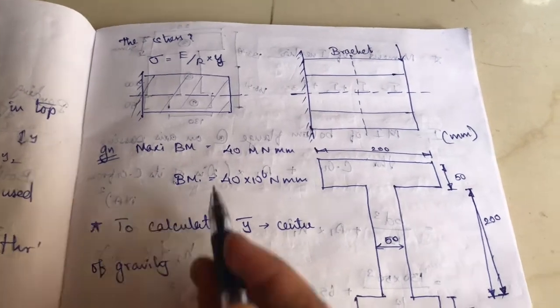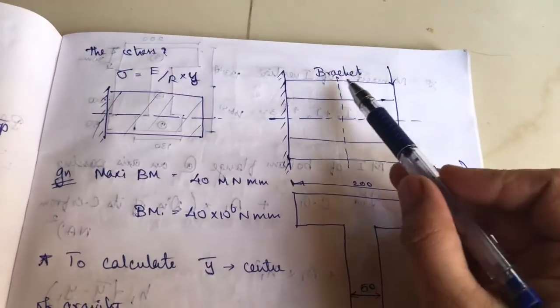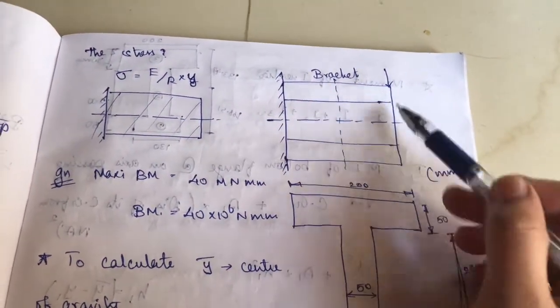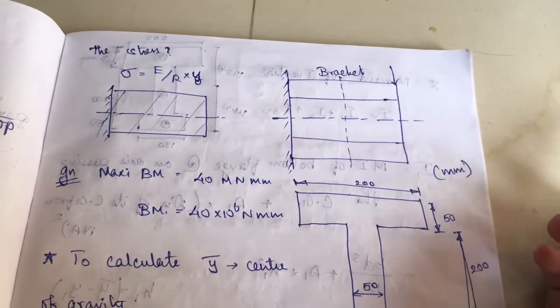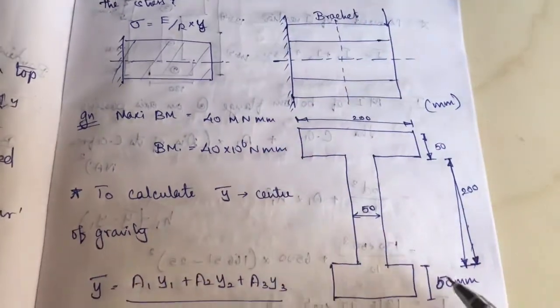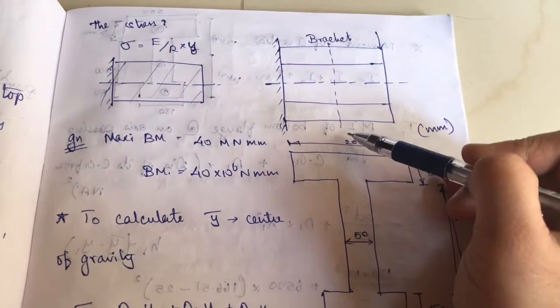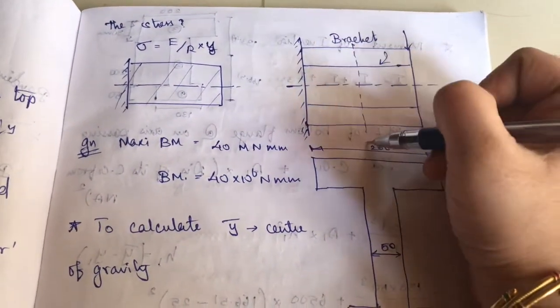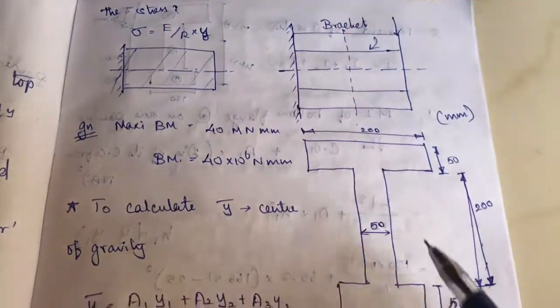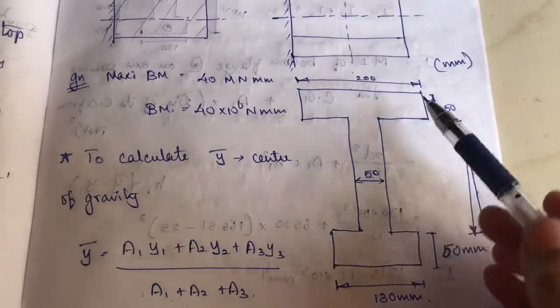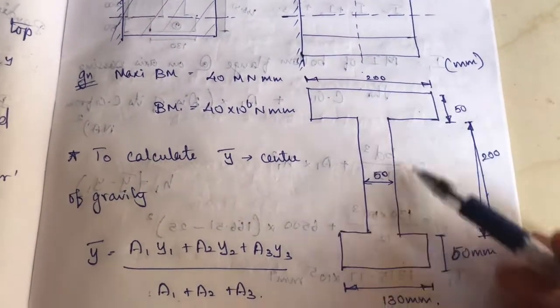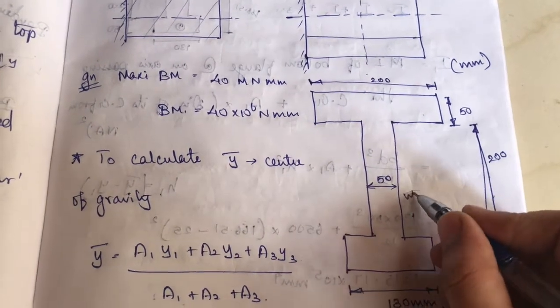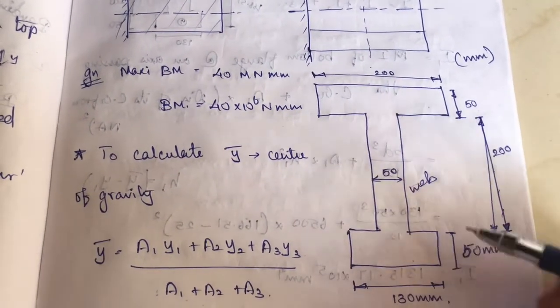Here you can see this is the bracket. They have given this iron bracket, and if you cut it like this and look at it, it gives an I section. You can see these are the two flanges, this is the web, and these two flanges are unequal.